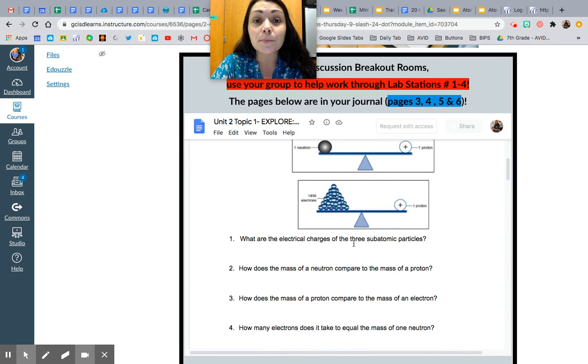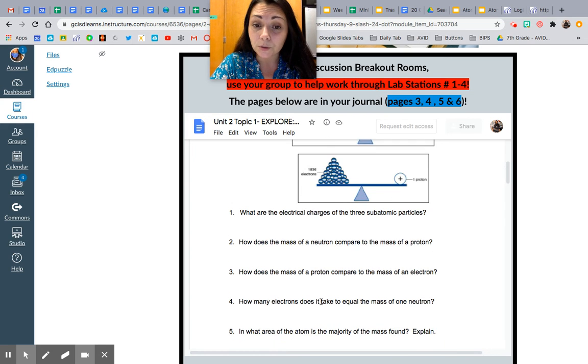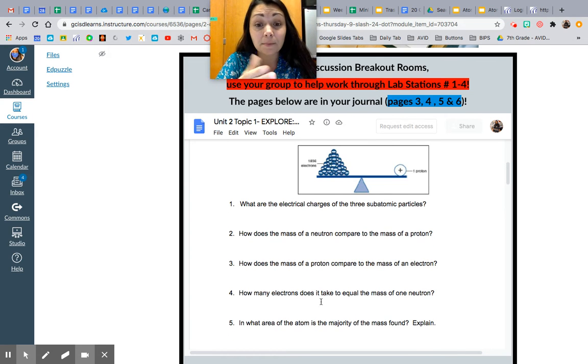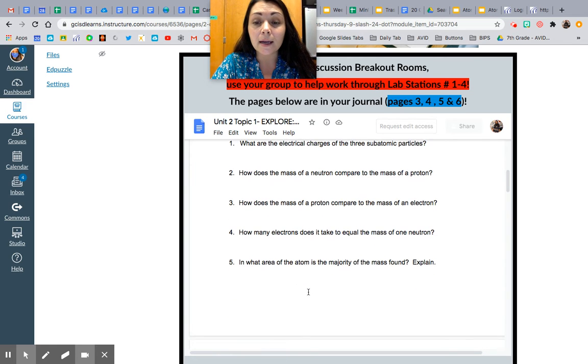So electrical charges: protons are positive, neutrons are neutral, and electrons are negative. Neutron compares to a proton because they're equal. Proton compares to electron by being a lot heavier. About 2,000 electrons is a proton, and same thing, about 2,000 electrons is a neutron. And in what area is the majority of the mass found? It's found in the nucleus.